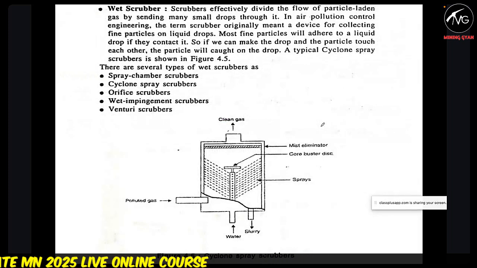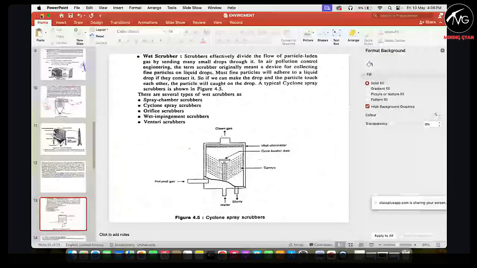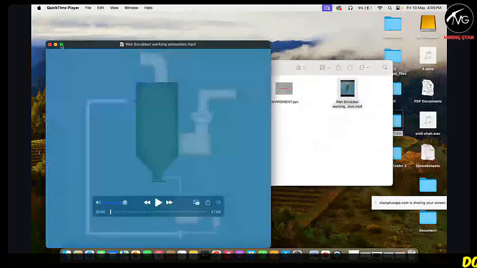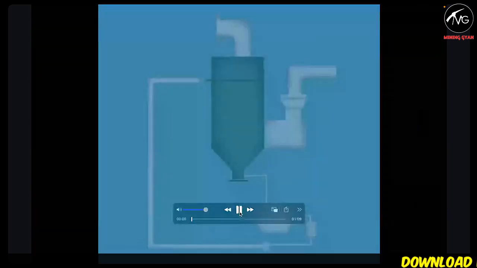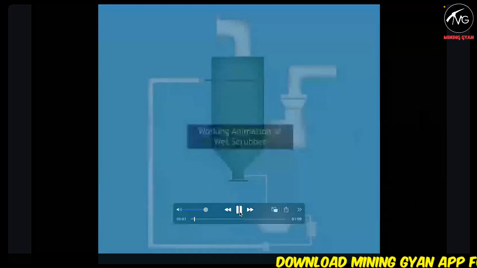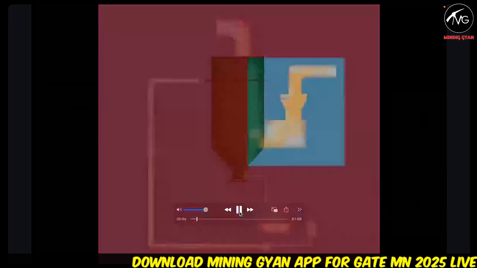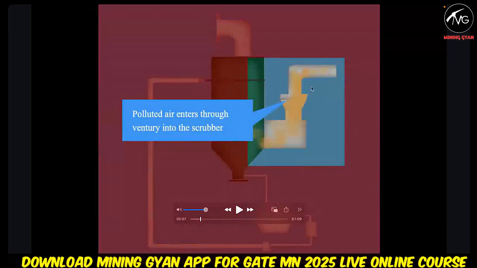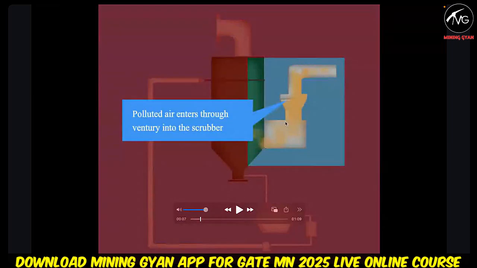Wet scrubber, the last method. The polluted air enters through this path into the scrubber.